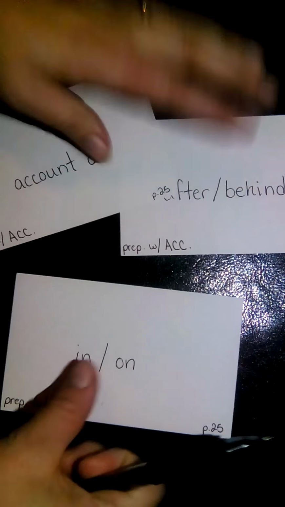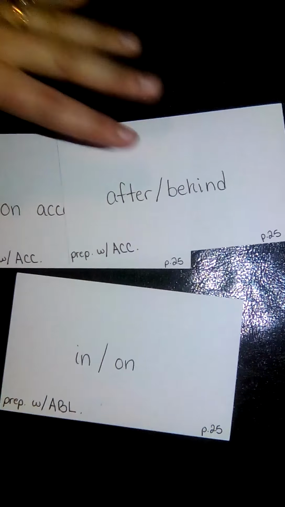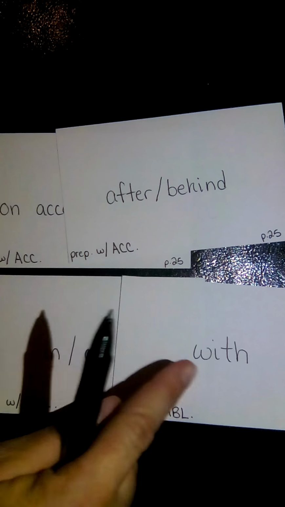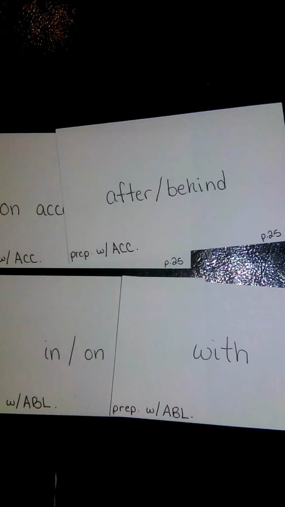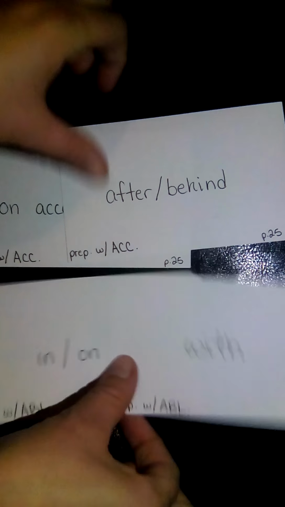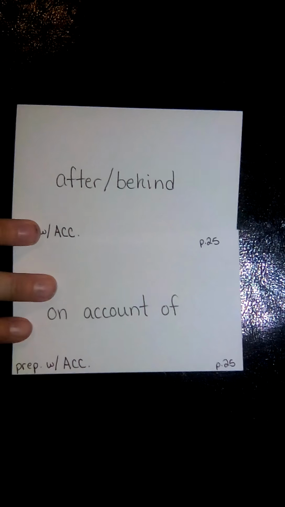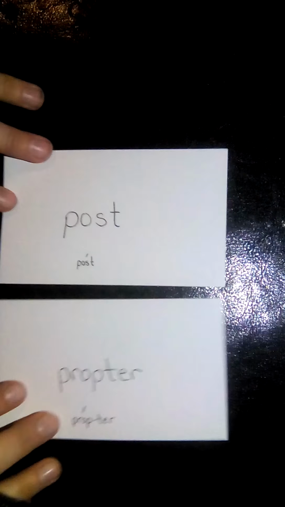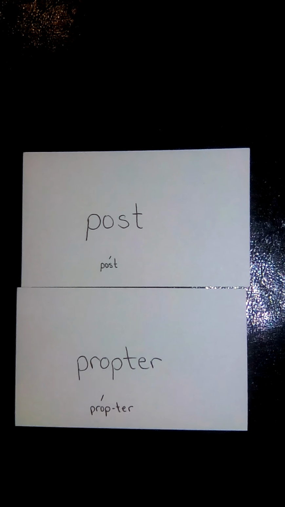So when you're remembering whether they're with the accusative or the ablative, it really is going to be memory for a while. And I'm going to give you a little trick that I do. So we have in and cum, both ablative, but here's my little trick. We see on account of and after or behind are accusative. Both of these are P words.